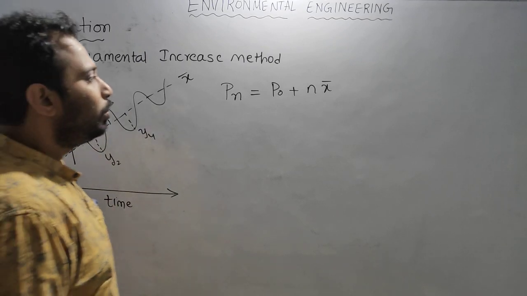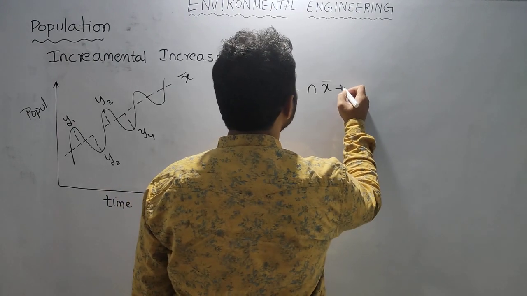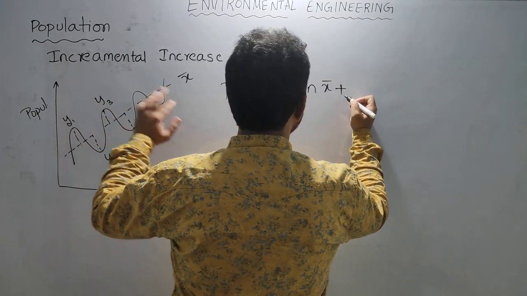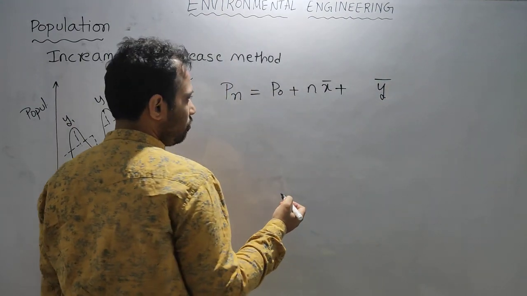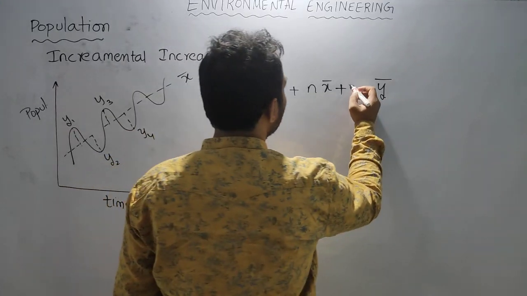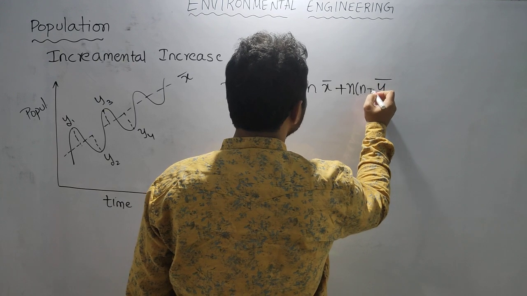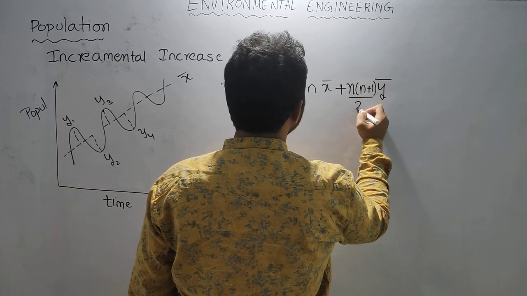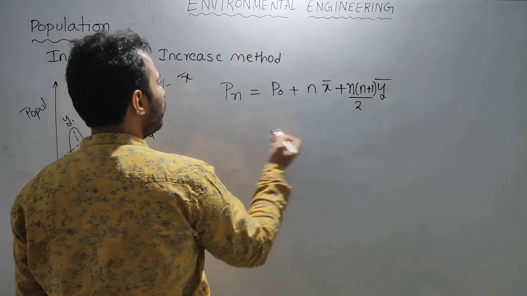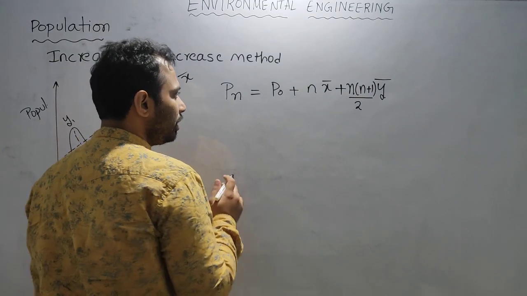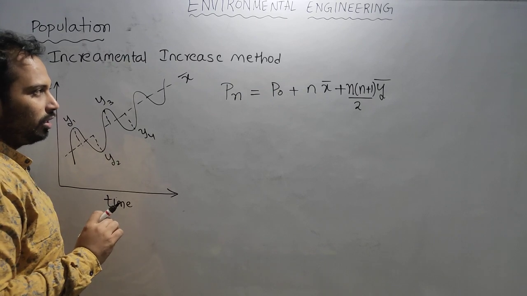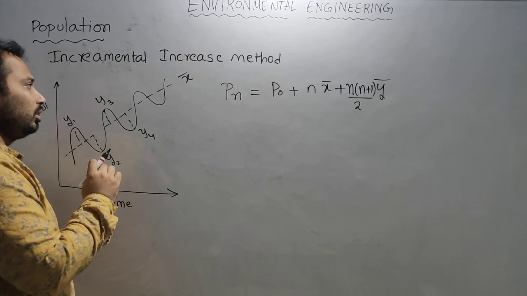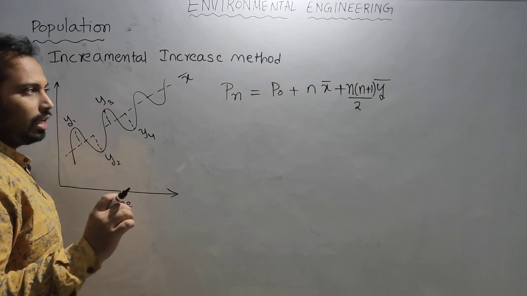So here I am giving some place for y1, y2, y3 in the form of y bar. I am also taking the average of y, that is y bar, and the coefficient here is n into n plus 1 by 2. This is the formula for the incremental increase method to forecast the future population when the logistic curve is having an erratic behavior.